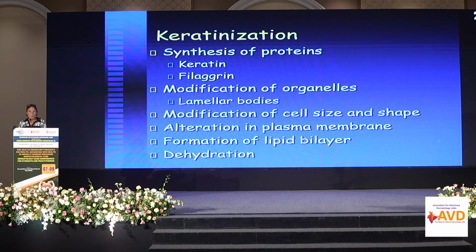Without getting into too much detail, just some basic idea of what that means is that new proteins need to be synthesized. And I'm just going to mention two because they play a role in disease of keratinization. One is keratin, which are different types of keratin depending on where you are in the skin. The other one is filaggrin, and this is important because there are diseases of keratinization that affect filaggrin. But also, in the upper layer of the skin, it's very important to have the proper amount and distribution of lipids.